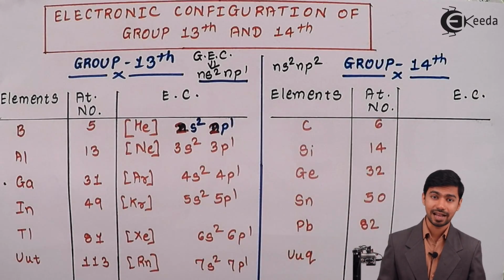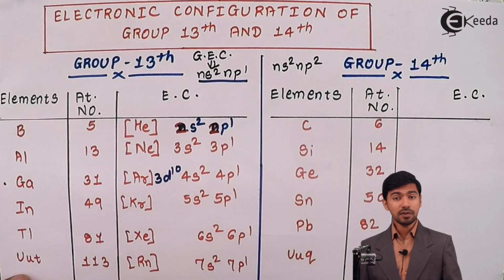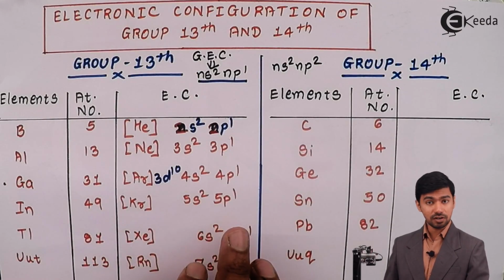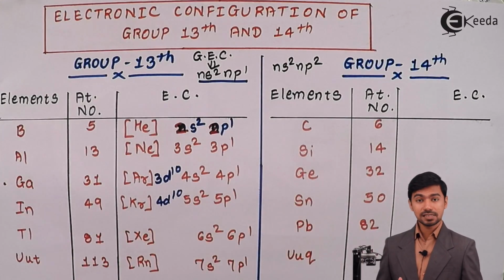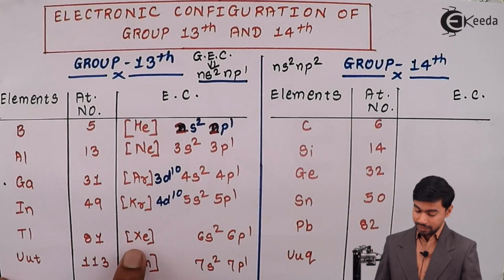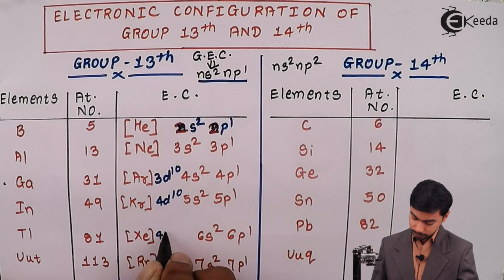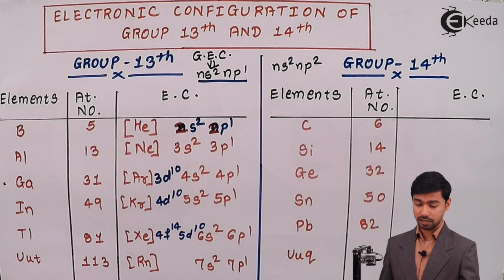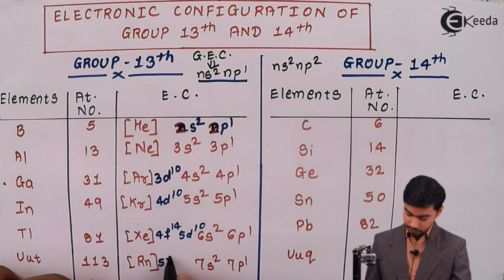But between the inert gas core and the general electronic configuration, we are supposed to put 3d10. In the 5th period, between the inert core and the general electronic configuration, we have to put 4d10. In the case of the 6th period, between the inert core and the general electronic configuration, we have to put 4f14 and 5d10. And in the case of the 7th period, between the inert core and the general electronic configuration, we have to put 5f14 and 6d10.